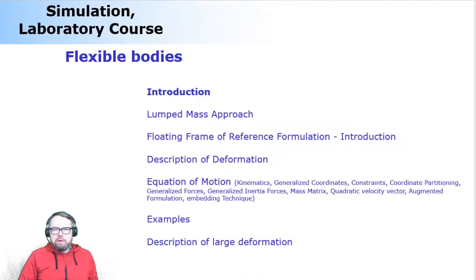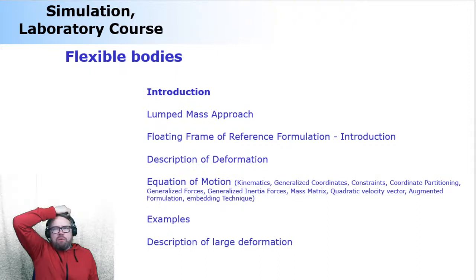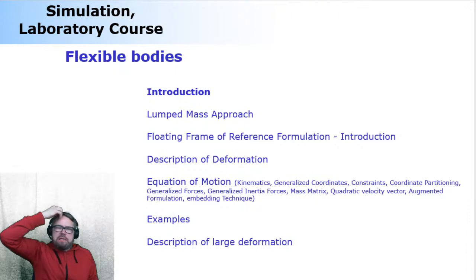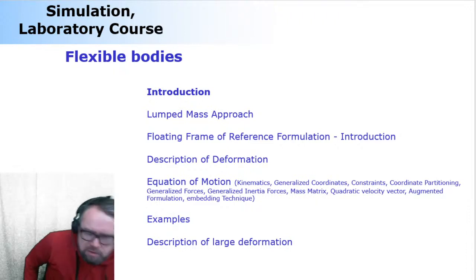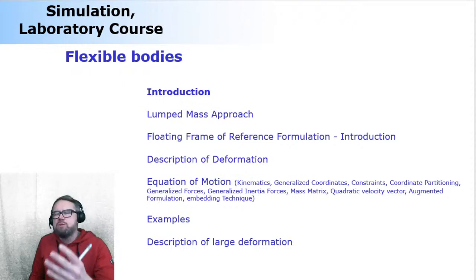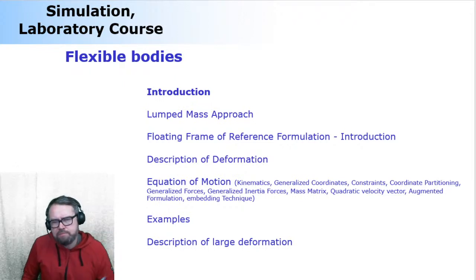Okay, flexible bodies. So these are the things that I would like to cover in this part of the course. I would like to get started from the lumped mass approach, which you guys already know. And you have a little bit of an idea about the floating frame of reference formulation as well. But I would like to introduce the subject matter to you.